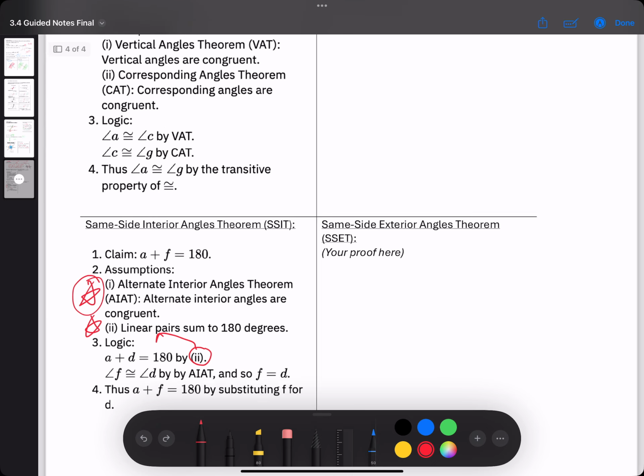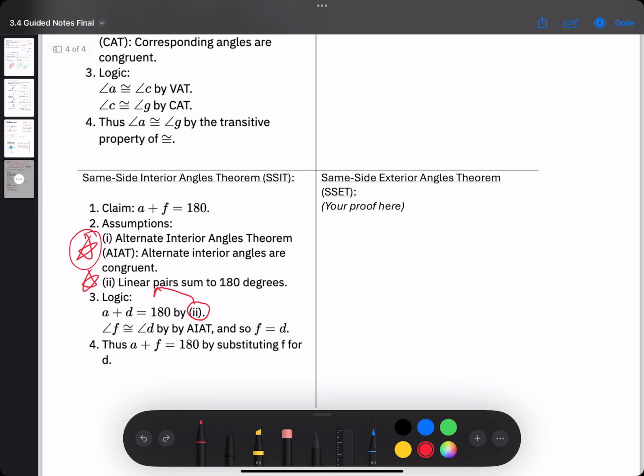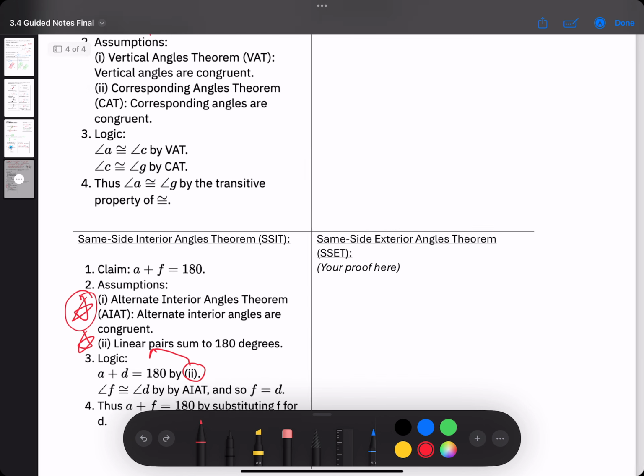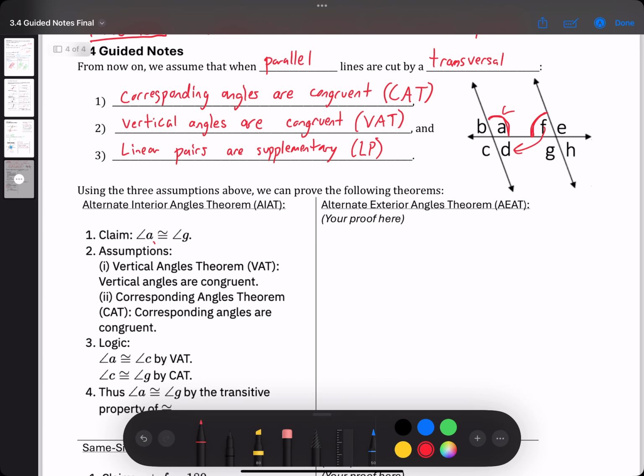So when you add them up, A and F are going to equal 180 degrees, because if A plus D is 180, then A plus F has to be the same thing, because F and D are the same thing. We just replaced D with F. That's substituting F for D. And therefore, A plus F has to be 180 degrees. And that proves what we wanted to prove, that these two add up to 180.